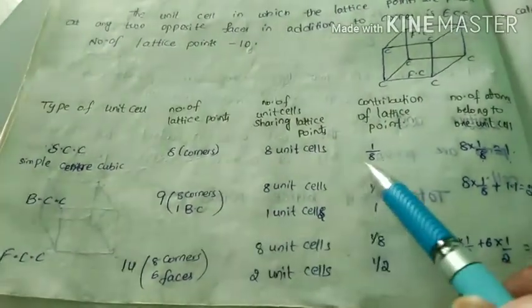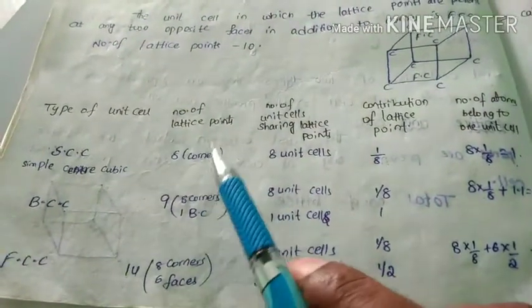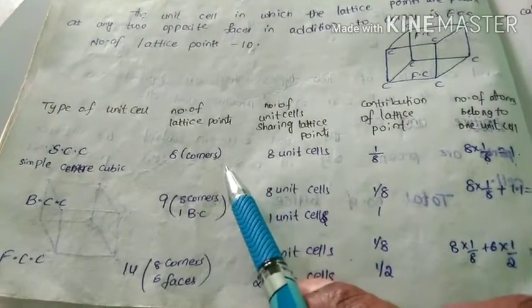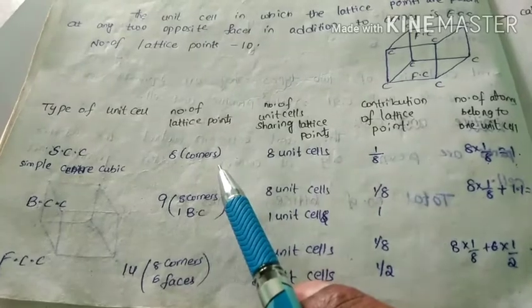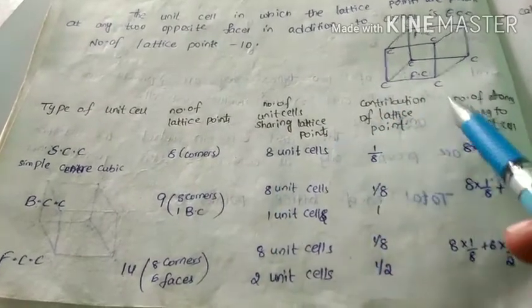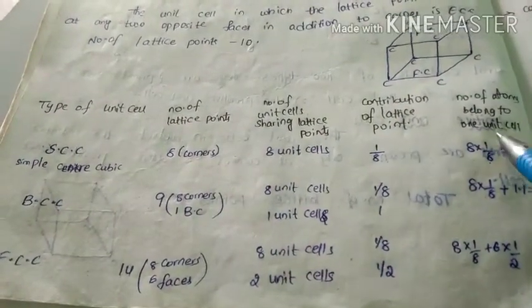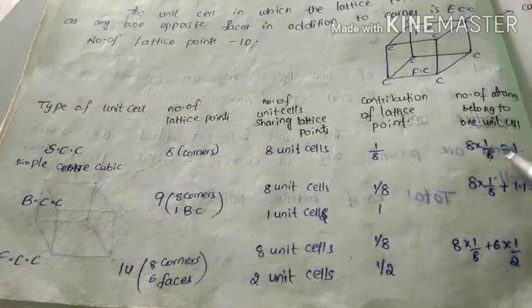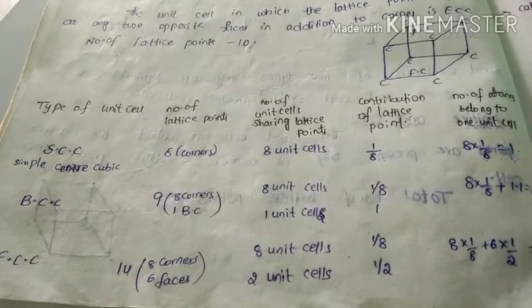Because 8 corners are present, that means 8 lattice points are present, but those are shared by other unit cells, so the profit is 1. That means 1 atom is present.